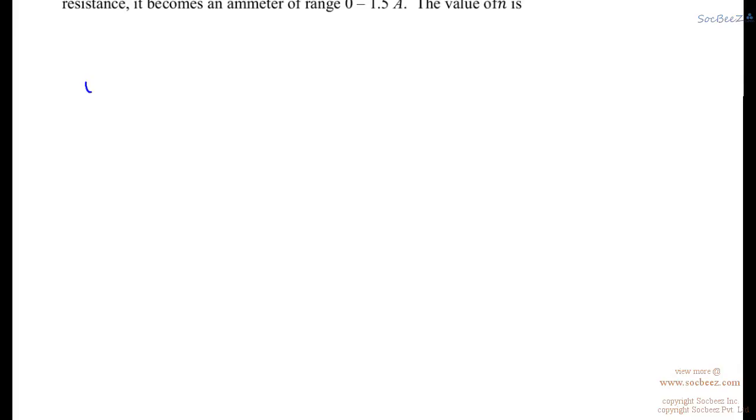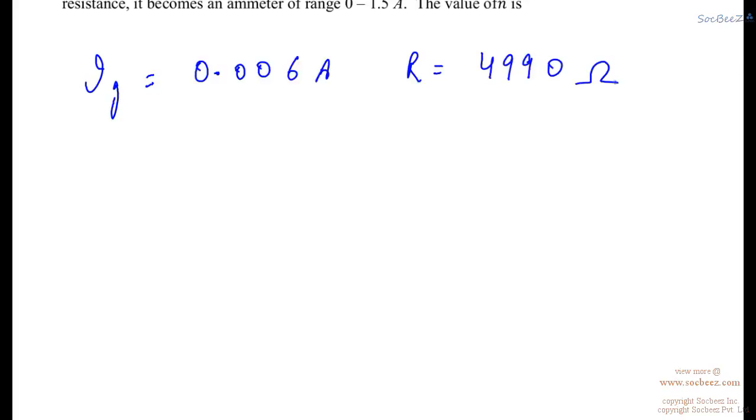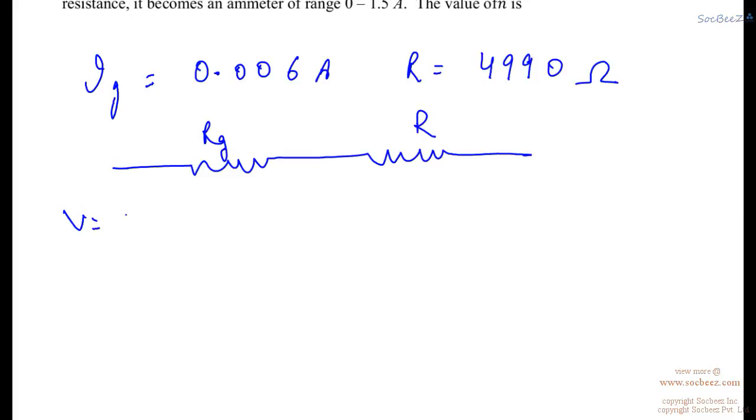Okay, so now here Ig equals 0.006 ampere and R equals 4990 ohm. If we draw the part circuit, it will look something like this. This is Rg and this is R. Now V equals 30, since the range is 0 to 30 volts.